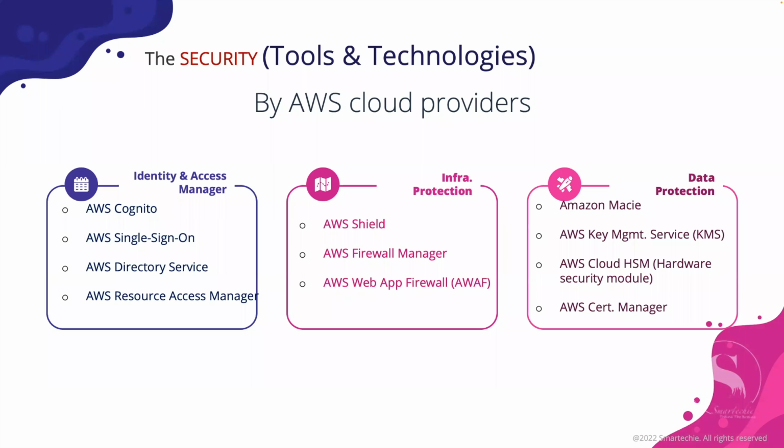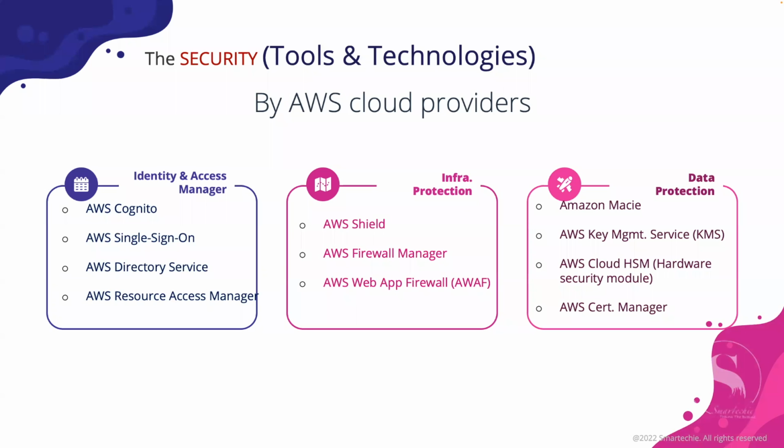They are segregated in three categories: identity protection, infrastructure protection, and data protection. And in AWS cloud, there are a bunch of security services available for different use cases.